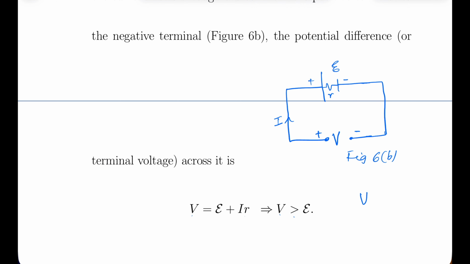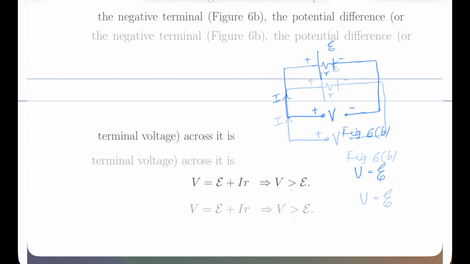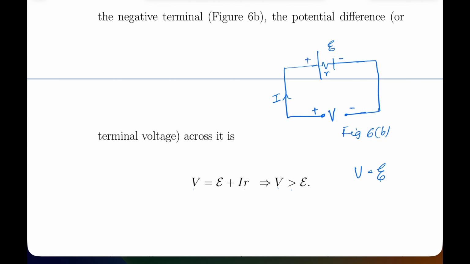Now here the current flows from the positive terminal of the cell to the negative terminal, so this is taken to be negative. So this is minus E. The current I flows through the cell from its positive terminal to negative terminal, and this is the internal resistance r of the cell.